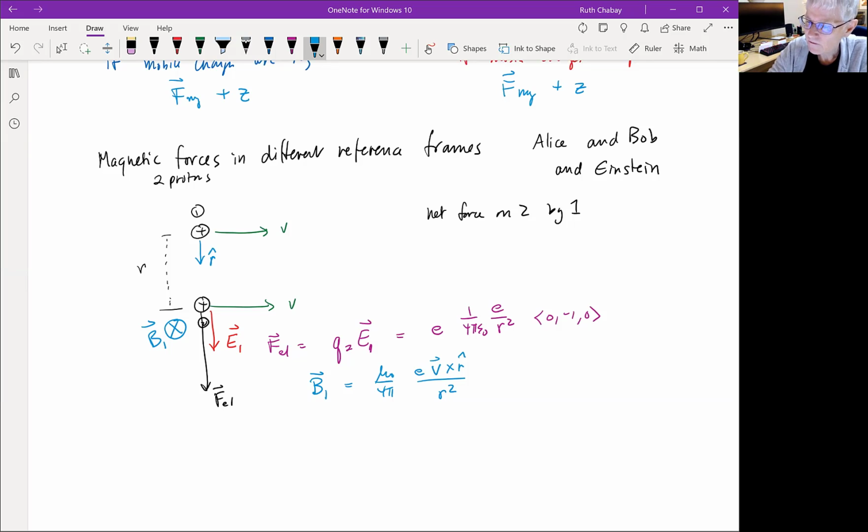And so the magnetic force on proton 2 is going to be e v cross B1. And so v is in the plus x direction, B1 is in the minus z direction. So there's going to be a magnetic force up. And so we'll draw that.